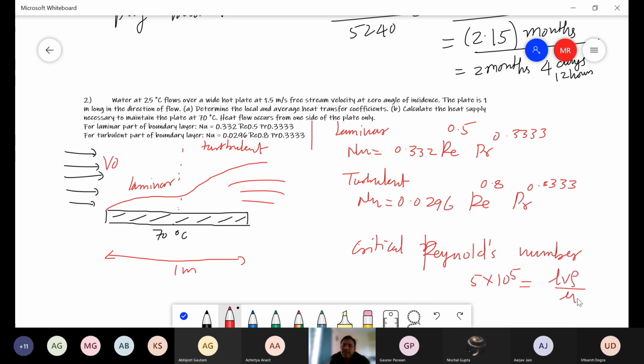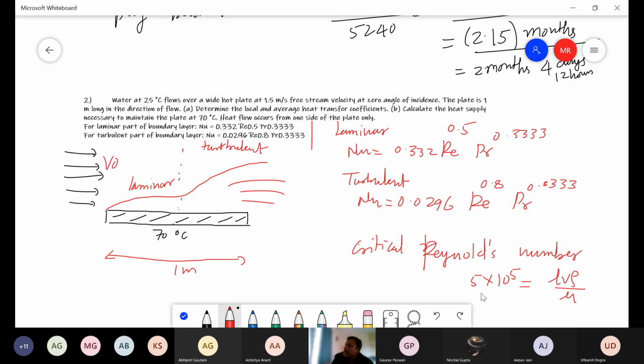So this is the critical Reynolds number. What is the critical Reynolds number? When the Reynolds number of the fluid increases beyond 5 into 10 raised to the power 5, then the flow is turbulent.